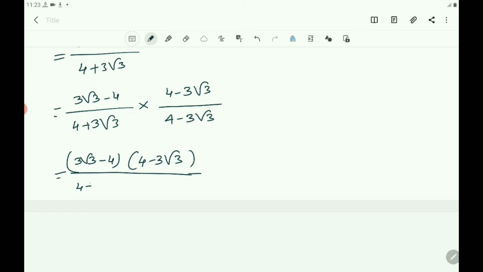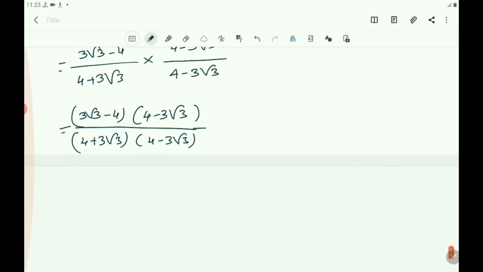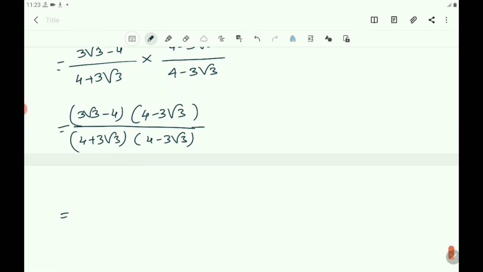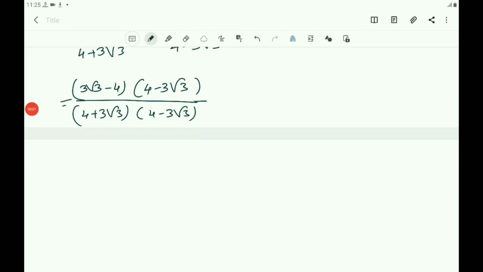You write 4 plus 3 root 3 into 4 minus 3 root 3. Then you do the term by term multiplication.